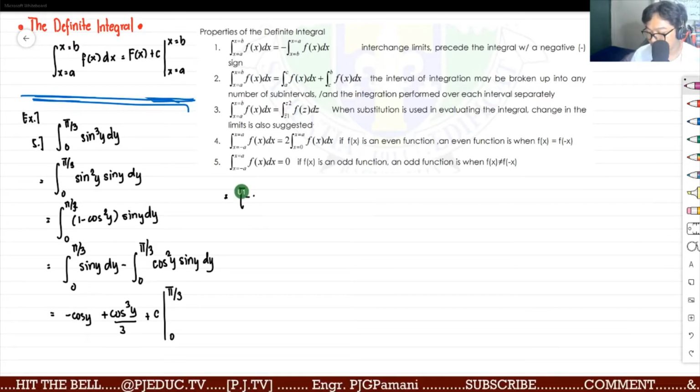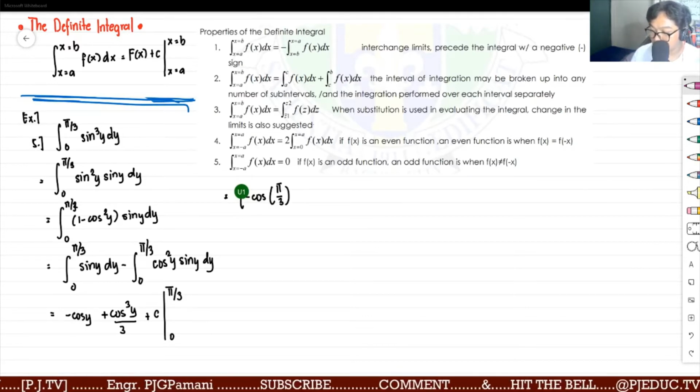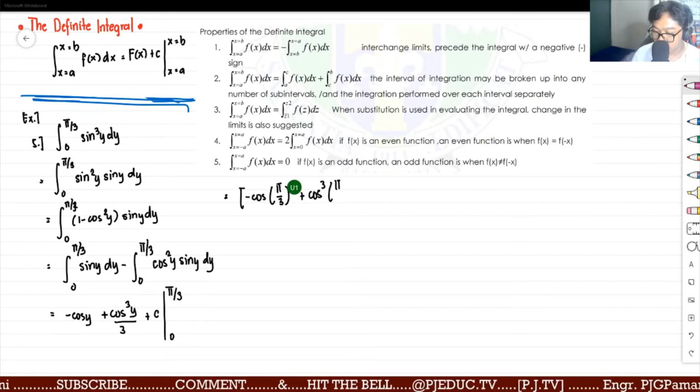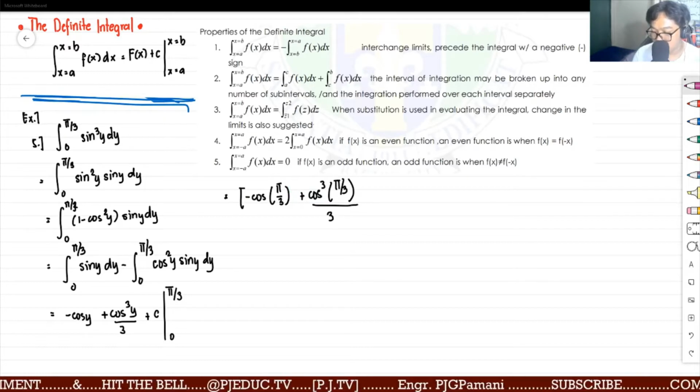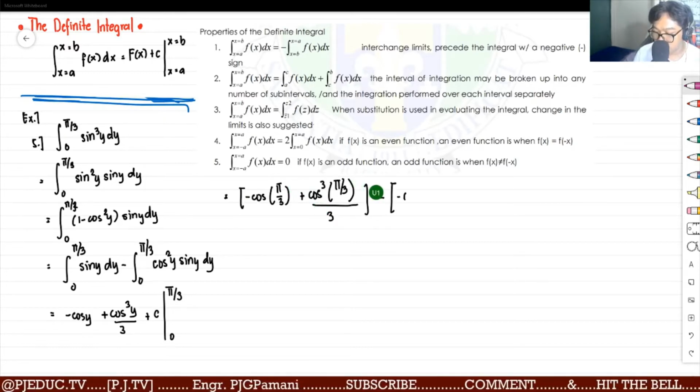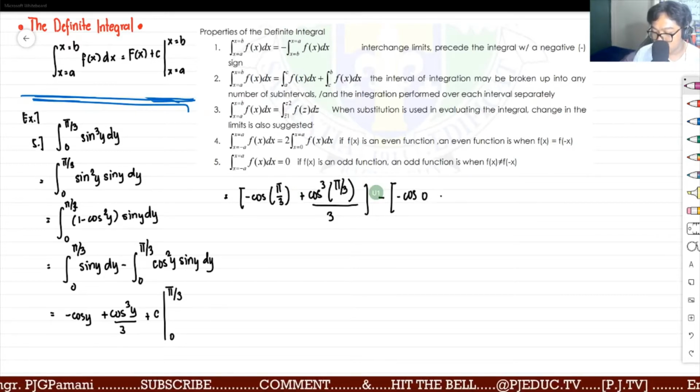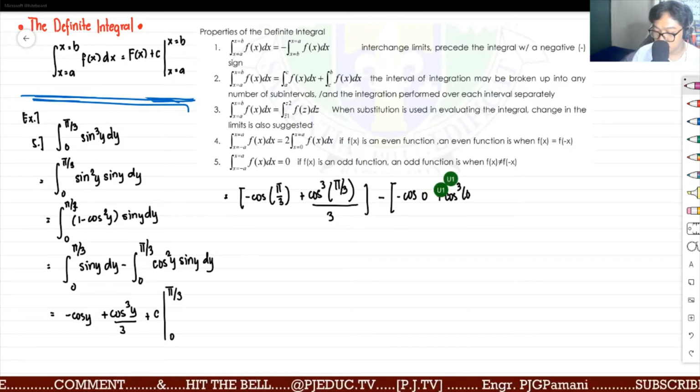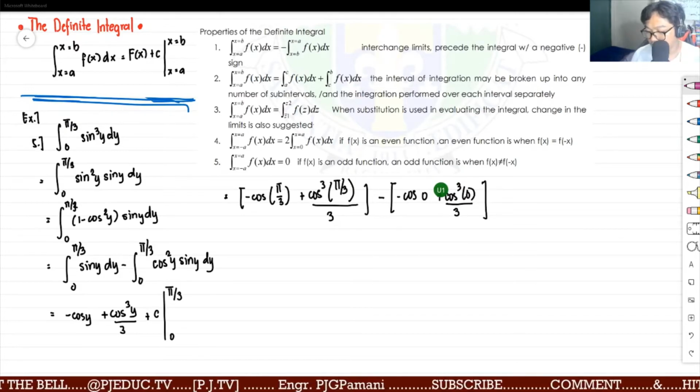So, negative cosine of pi over 3 plus cosine cube of pi over 3 all over 3, minus negative cosine 0 plus cosine cube 0 over 3, and close.